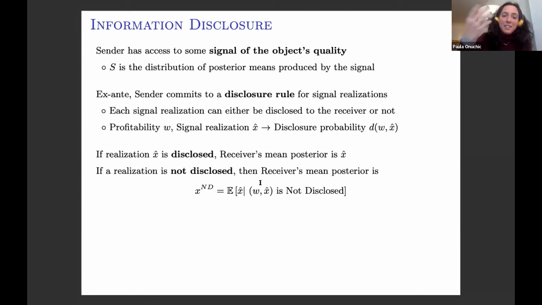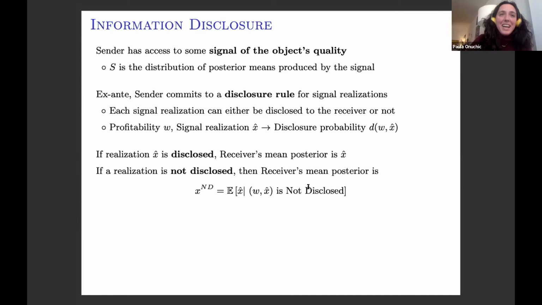He takes the average quality amongst all the possible situations in which the sender would not have disclosed the signal, and we call that average x ND, the x of non-disclosure.